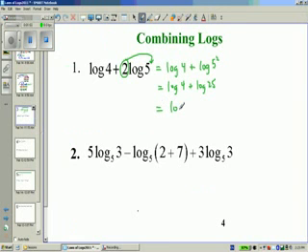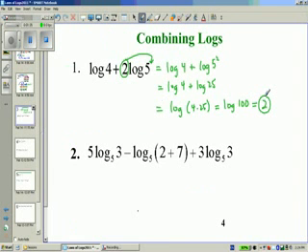So that's just going to give me my one logarithm of 4 times 25, so log of 100. Remember, this is base 10. So what power goes on 10 to give me 100? And the answer would be 2.